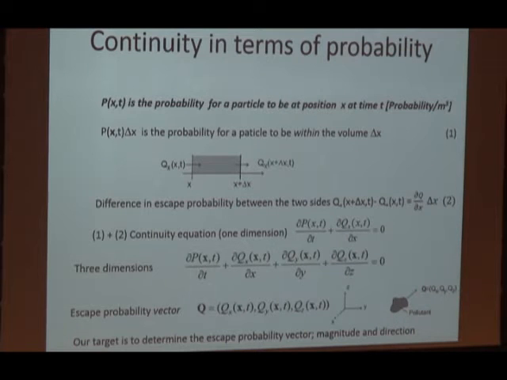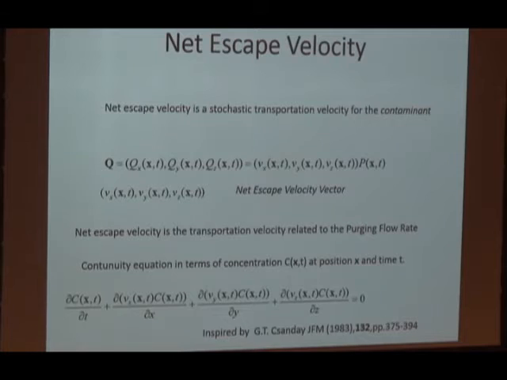And then you have to also introduce, more or less, this escape probability, you write like this. I introduce a velocity. That's a net escape velocity. That's a stochastic transportation velocity for the contaminant. And then I will end up with the escape probability.